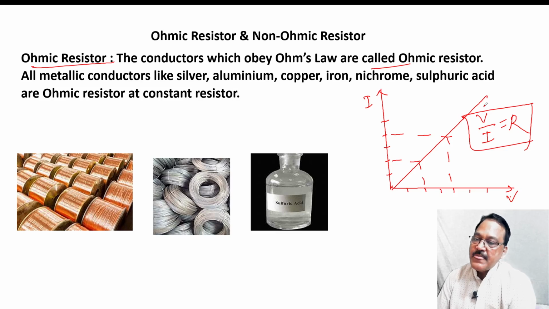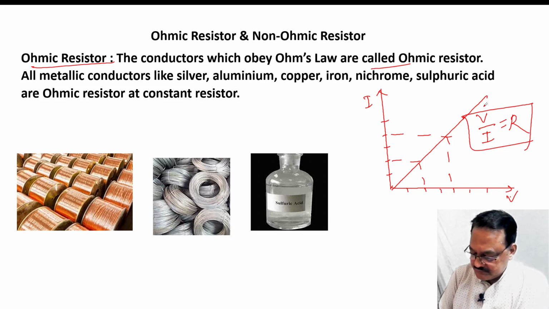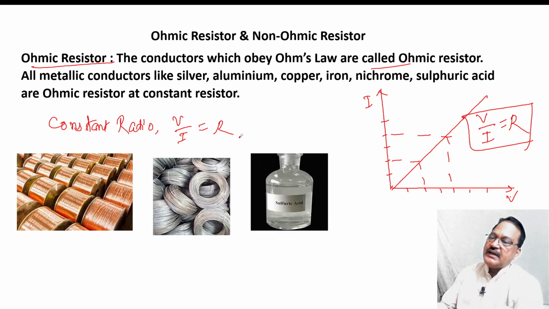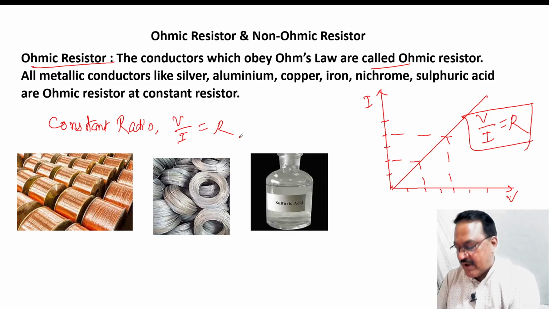So constant ratio, that is V by I is equal to R. And what is this R? R is the resistance of this conductor or wire, we can say.